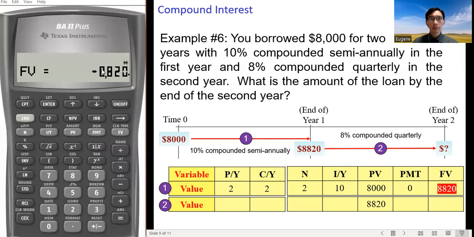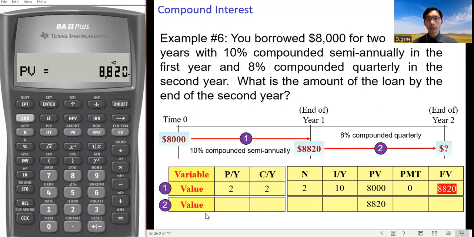Get rid of the negative sign by pressing the plus or minus button, and then key in this number as PV. So I press PV. Now I have input the variable PV, and then get back to the remaining variables.